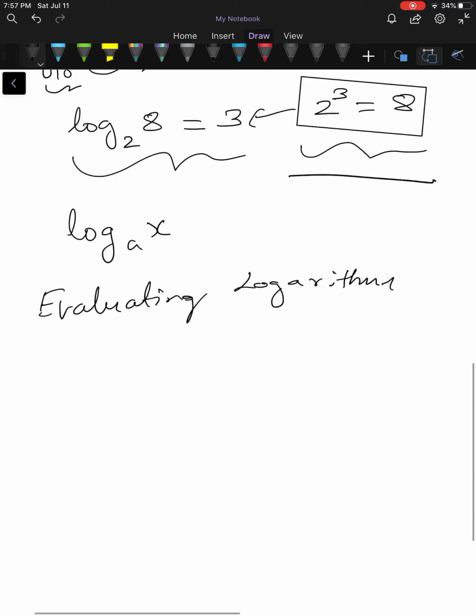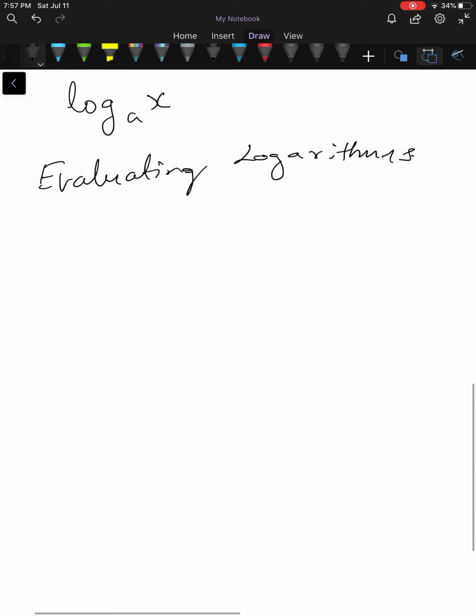So how do we evaluate logarithms? Say we have to evaluate log base 16 of 4. To what power must we raise 16 to get 4?